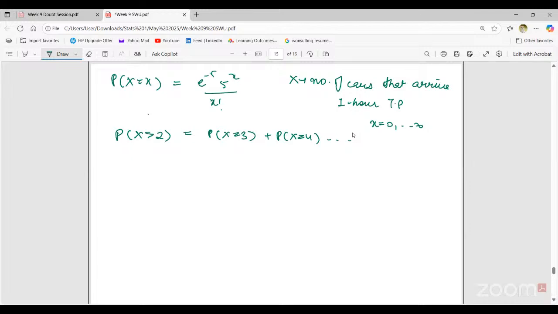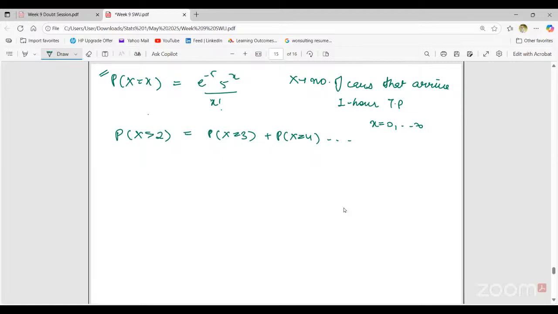Yes or no? Can she give a thumbs up or something? Can you please explain this point again? Okay. See, this is the probability that I have been given. And X is defined as the number of cars that arrive in that particular 1 hour time period, correct?